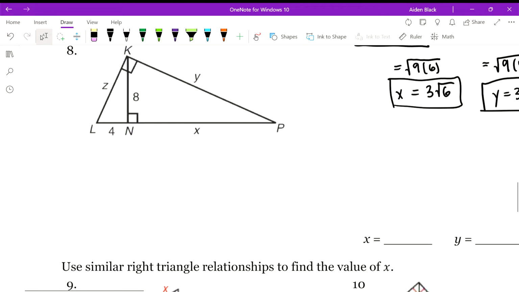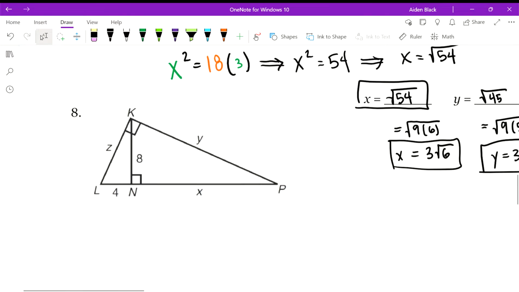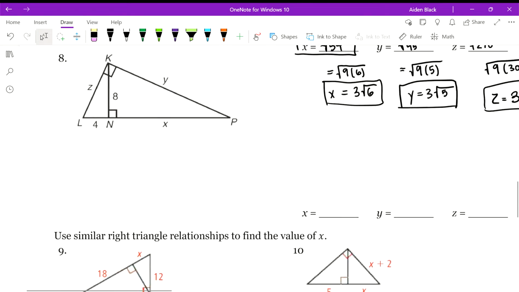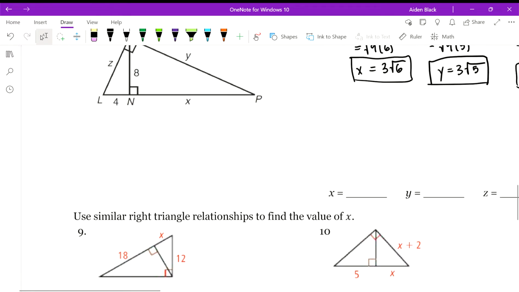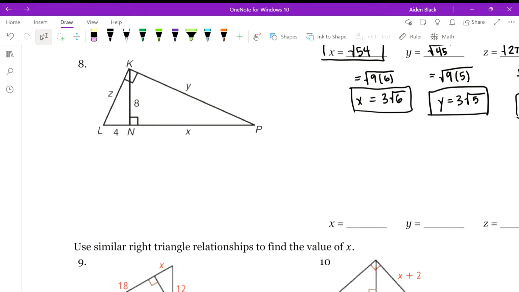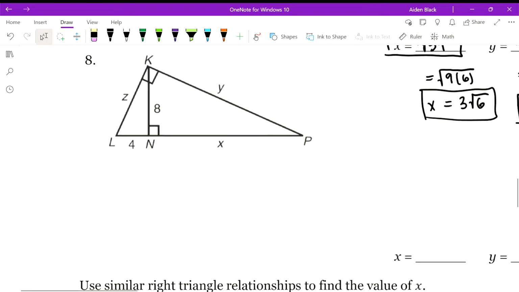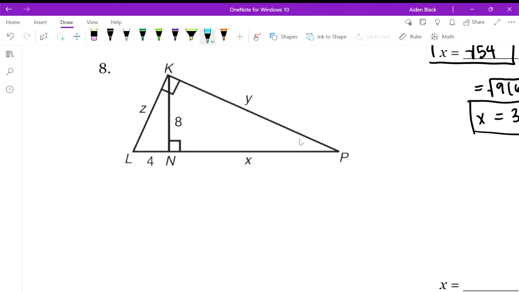Okay, we have plenty of time to do question 8. But I think you have enough here. We'll do number 8. Altitude. I want you to get in the habit of noticing what is the altitude, what are our legs.